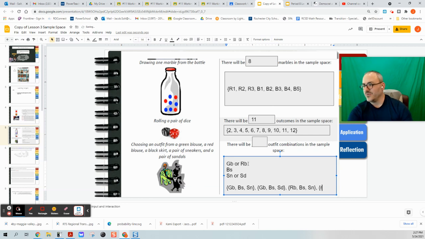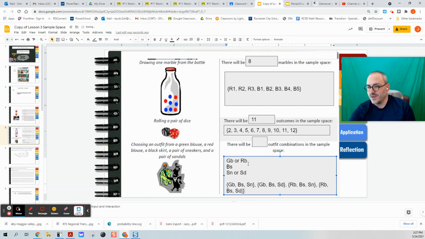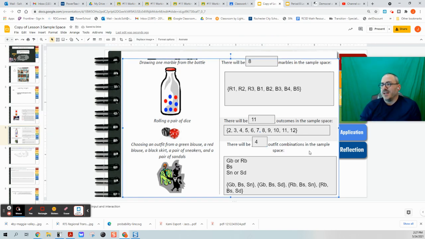Red blouse, black skirt, and sandals. Really, what I'm left with after I look at all the possibilities is four. There are four possible outfit combinations in my sample space.